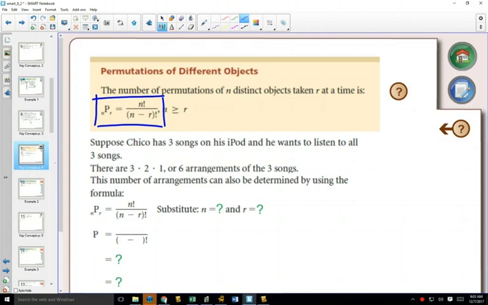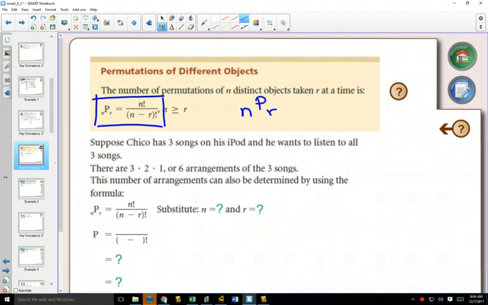Instead of going, oh, I have 7 permutations of 3, no, I have 3 permutations of 7 objects, trying to figure that out, it's easier to decide I have 3 decisions to make. How many choices for my first one? How many choices for my second one? How many choices for my third one? This is going to be easier.